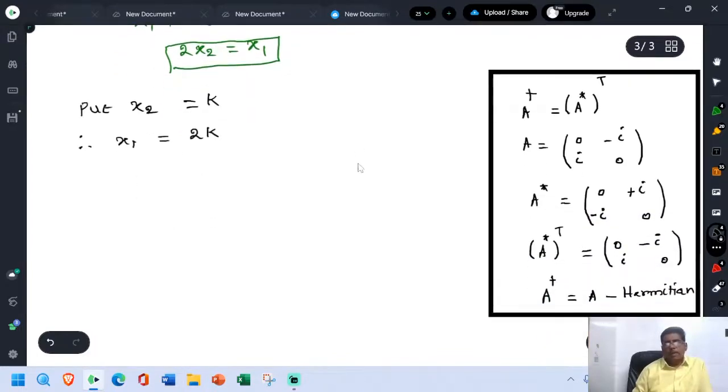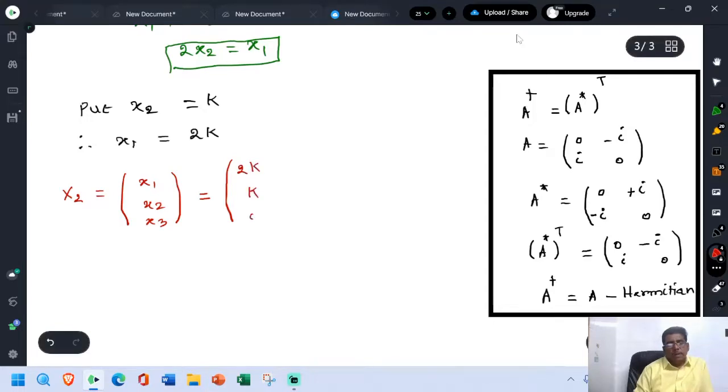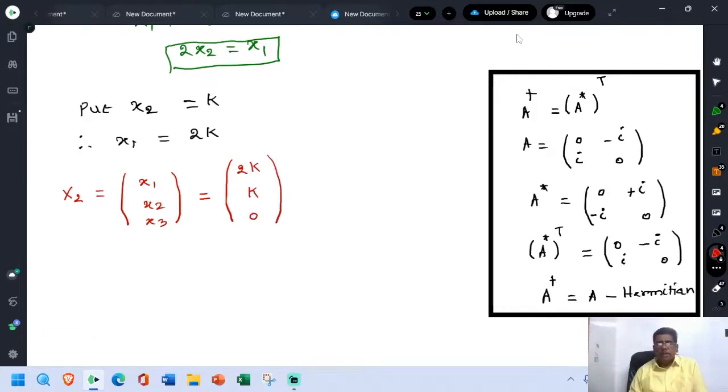Now we can have the second characteristic vector, eigenvector x2, equal to x1 x2 x3, which is 2k, k, 0. But we do not know the values of 2k and k. We have to find the value using the normalization condition.